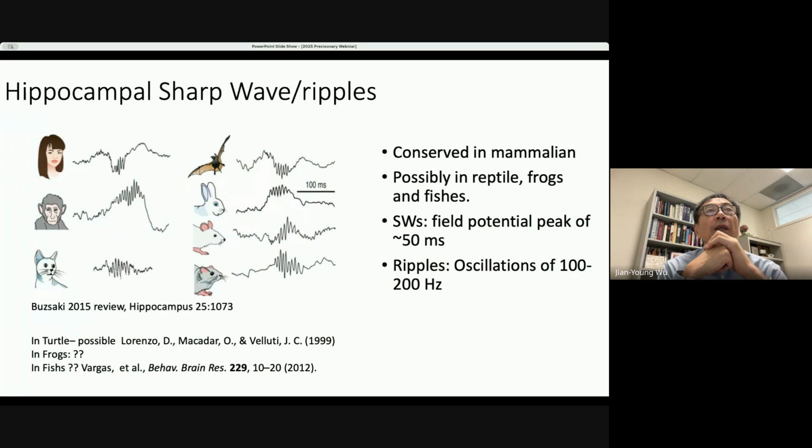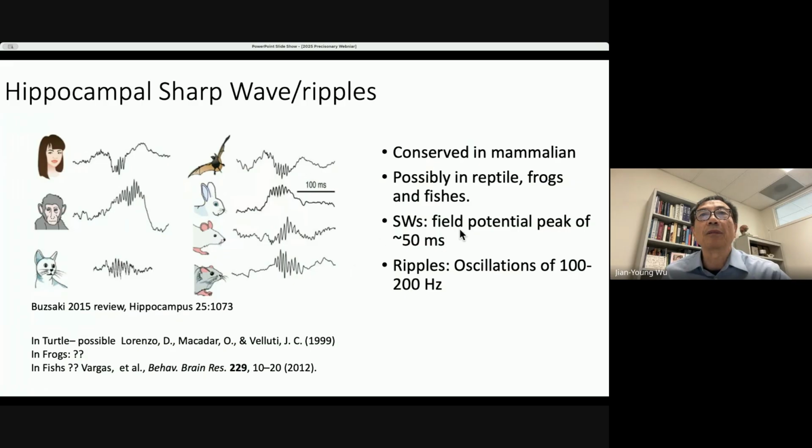So we know the hippocampal sharp waves are a conserved neural activity all over mammalian animals. And possibly, if you go down the evolution line, it probably can go down to reptiles, even frogs and fishes. There are papers about fishes having sharp waves. So that conserved activity means there must be some function that is important. And what is a sharp wave?